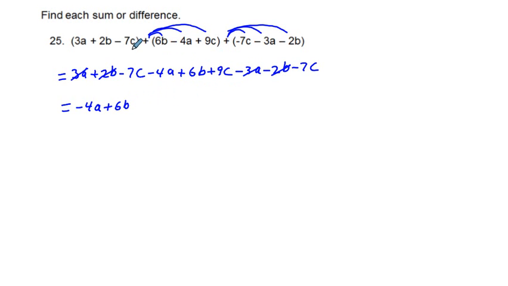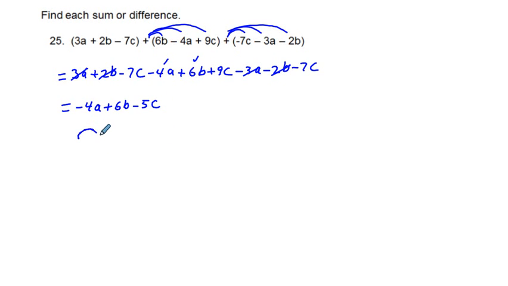And finally, we've accounted for these two things here, negative 7c plus 9c minus 7c. In this case, the c's aren't going to cancel each other, so we have negative 7c plus 9c, that's going to be 2c. 2c minus 7c will be minus 5c.